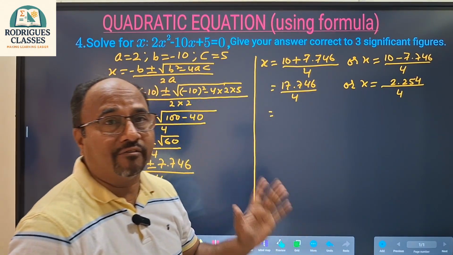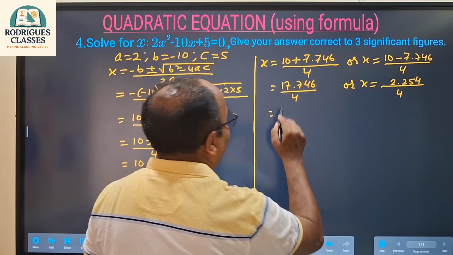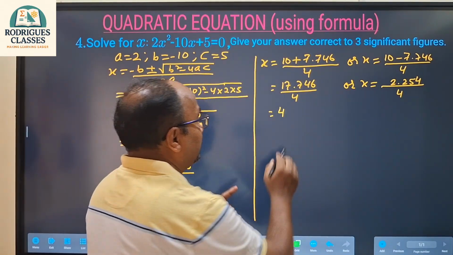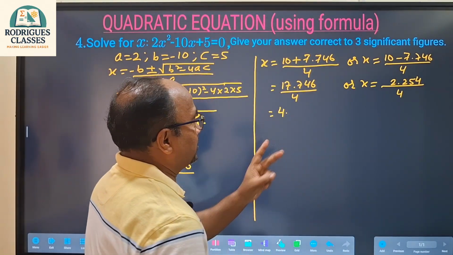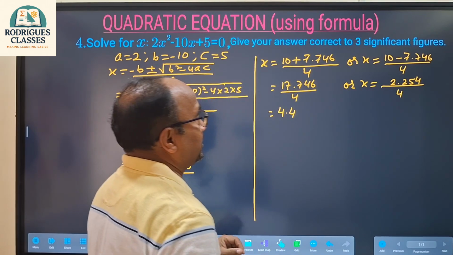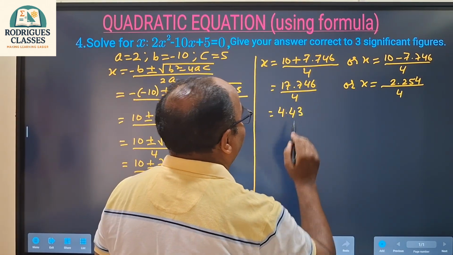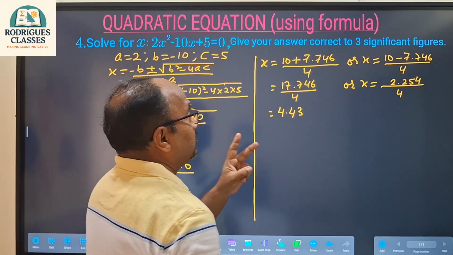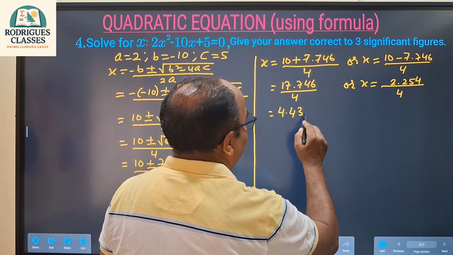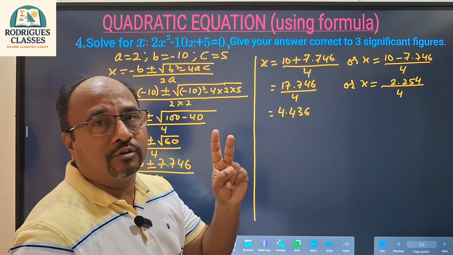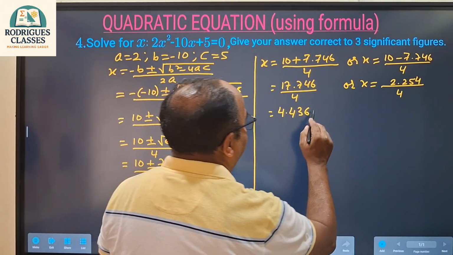So now we need to divide this with 4. So 4 4s is 16. Decimal 1 is left, 17. Again 4 4s is 16. 1 is left, 14. So 4 3s will be 12. 2 is left. So 26, 4 6 is 24, 2 is left, that will make it 20.